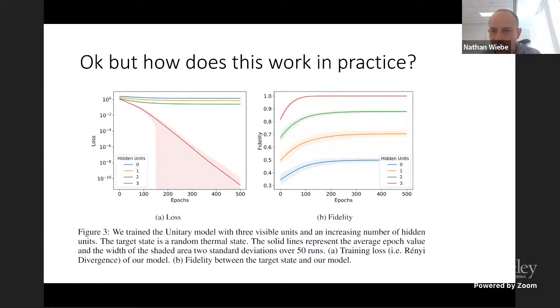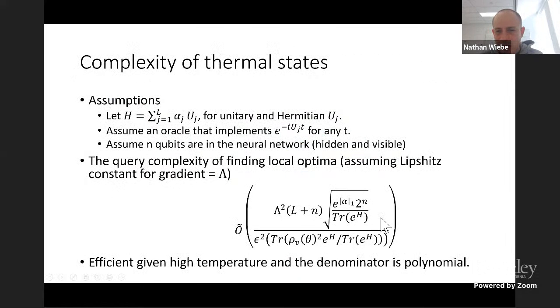So we end up in a similar situation here. Under circumstances where the complexity of the gradient evaluation is reasonable, which happens in some cases, then we can optimize the relative entropy. But finding the value of the relative entropy at the end of it may still be exponentially hard. Mm-hmm. I see.